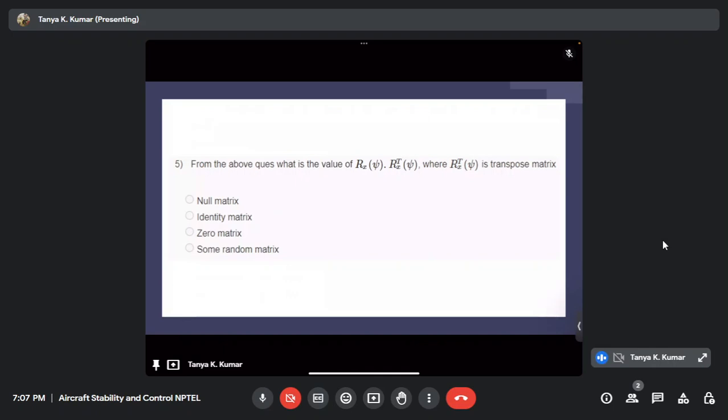Just multiply the two matrices. Now you have the matrix, just multiply it and see. Or take any primary rotation matrix and multiply it with its transpose. Just do it. I'll give you a couple of minutes.